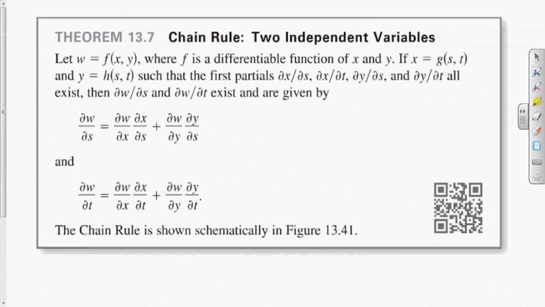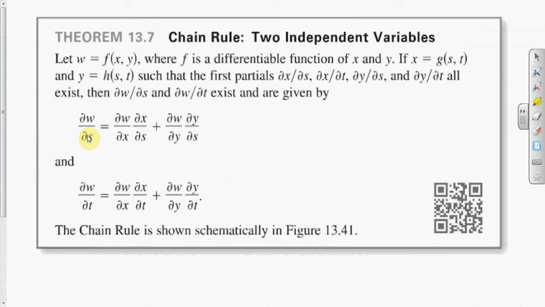X is equal to G of S, T. And then Y also depends on two independent variables, S and T, contained or housed within some function H. The same idea in terms of the formula that we looked at, here we just do it more than once. We do the partial of W with respect to S, find that, and then the partial of W with respect to T. So still here the same paradigm, if you will.